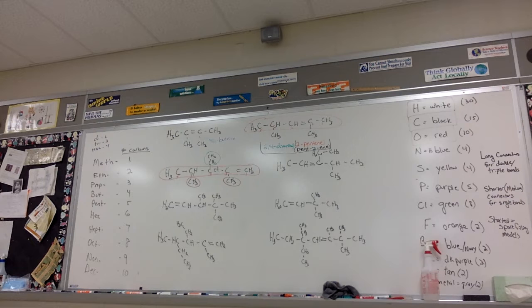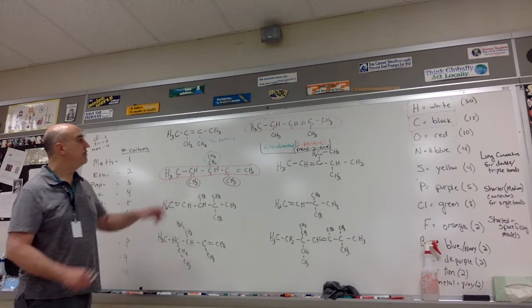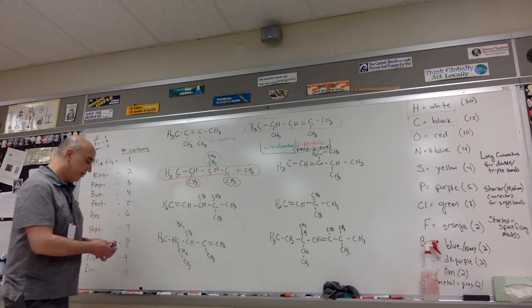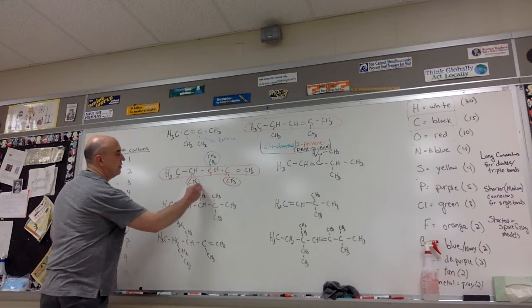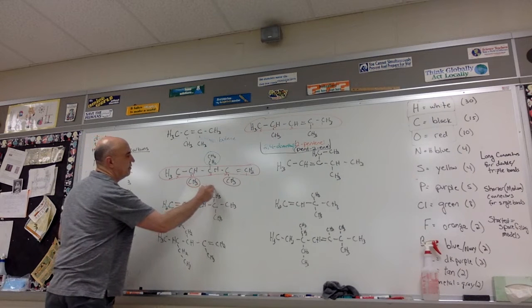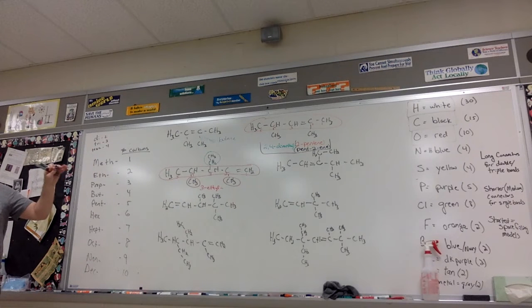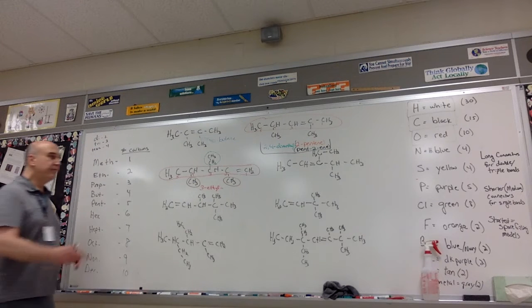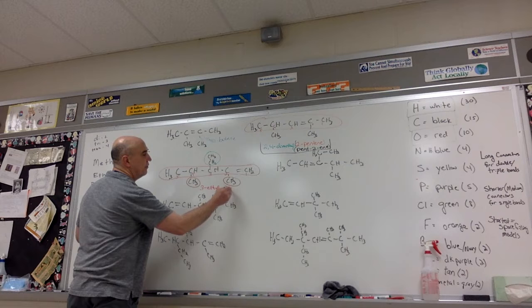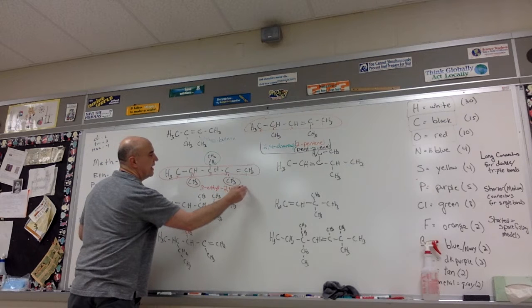Ethyl comes first alphabetically. We go in alphabetical order, ethyl before methyl. So we have 3-ethyl, and my methyl groups are on 2 and 4, so 2,4-dimethyl.